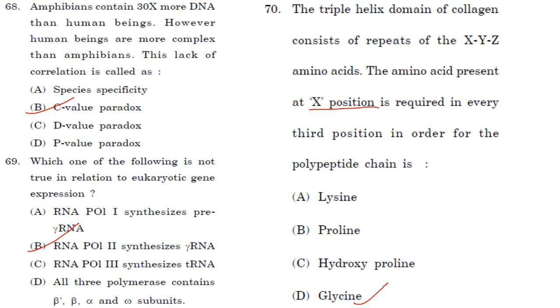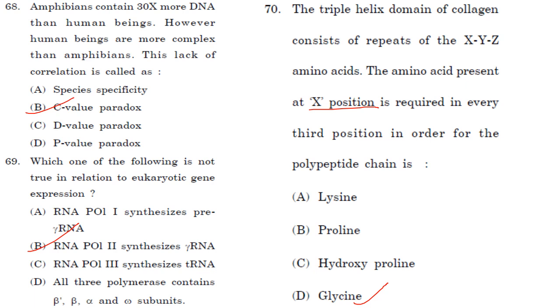Yes, answer is option B. Which of the following is not true? Okay, B is not true. Pol 2 is involved in mRNA synthesis, and also synthesizes long non-coding RNA, small nuclear RNA and microRNA.